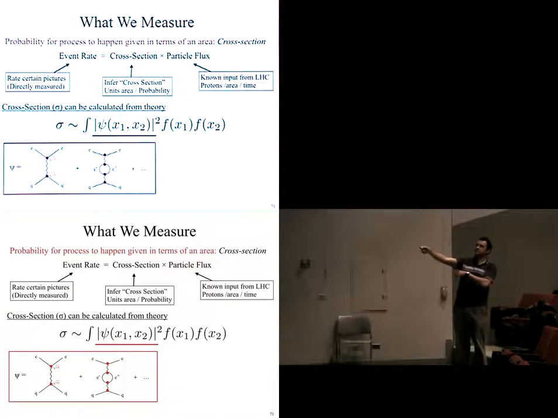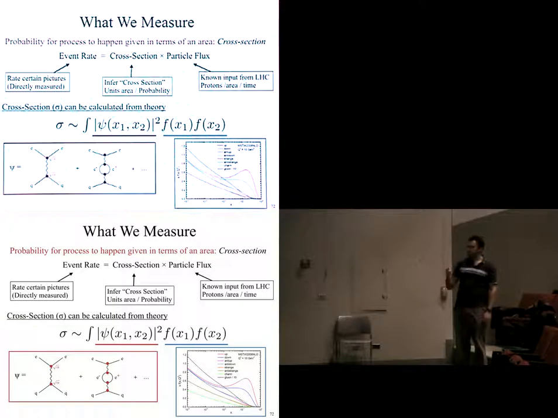Okay, so this is something, in more detail, this is the result of the calculation of these diagrams that we talked about. Okay, and then this thing is what we just talked about. These are the probabilities for finding a quark with a certain energy within the proton. So if this involves a quark with 10% energy with another quark with 10% energy, then you need the probability that this thing will happen times the probability that the collision had that in the first place.